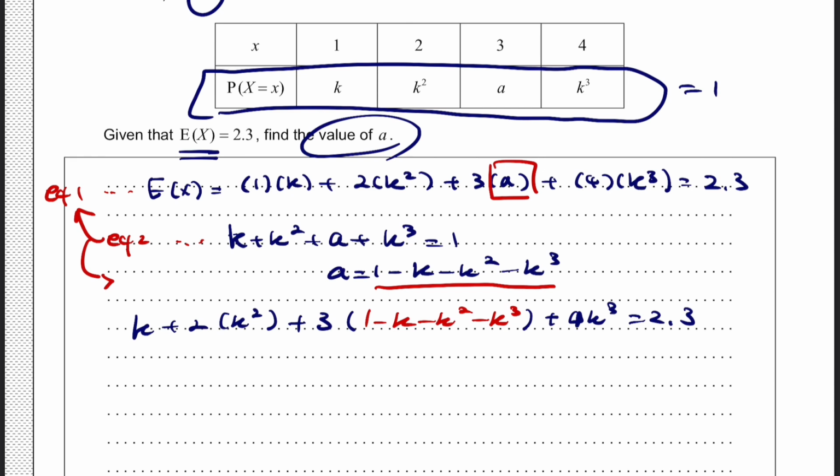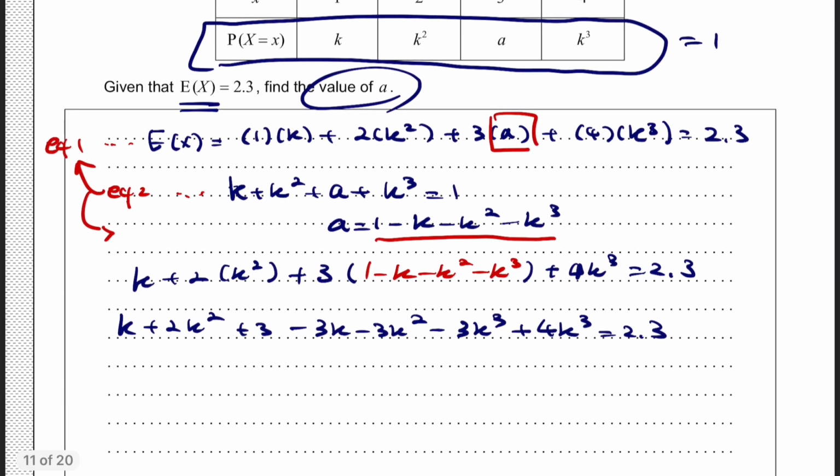When you simplify the left hand side, you end up getting k plus 2k squared plus 3 minus 3k squared minus 3k cubed plus 4k cubed equals 2.3. This is the same as negative 2k minus k squared plus k cubed equals negative 0.7.